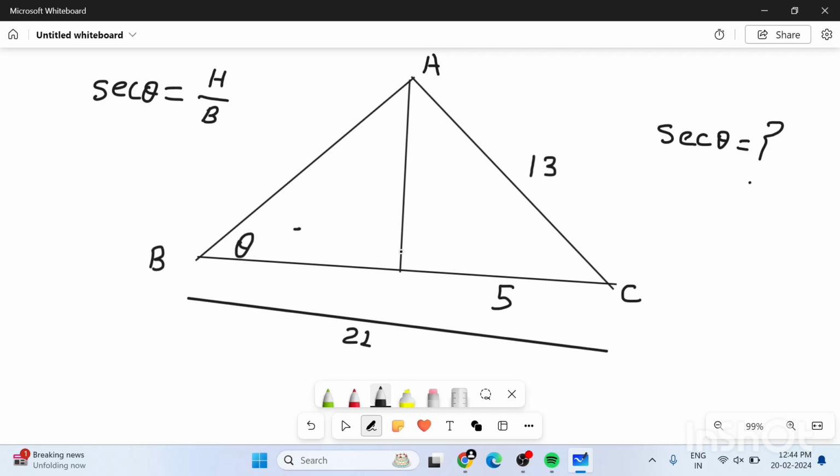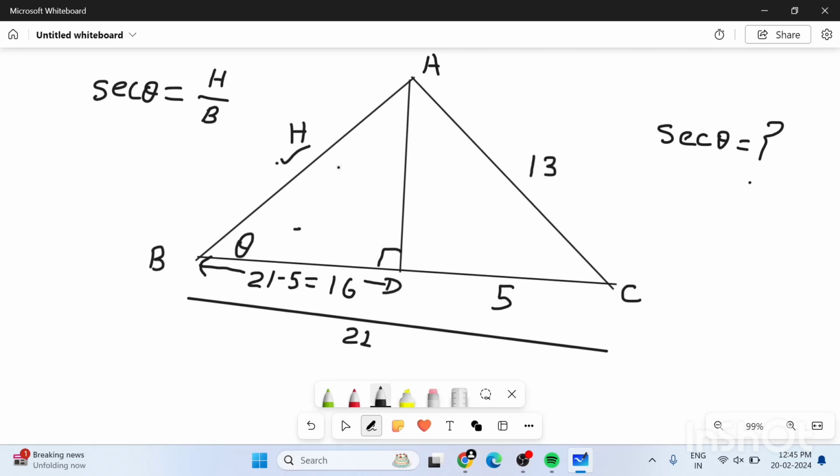So in this particular question, this angle is 90 degrees and the hypotenuse is not given. But we can find this value BD. This is 21 minus 5. Students, 21 minus 5 is how much? 16.